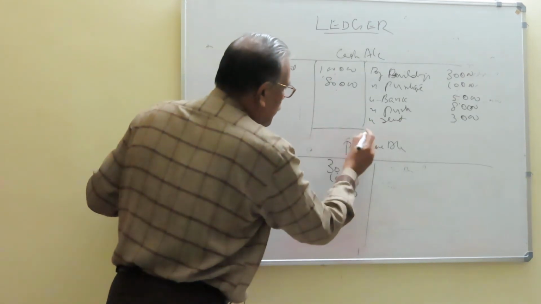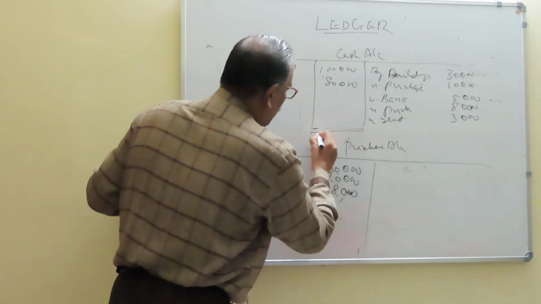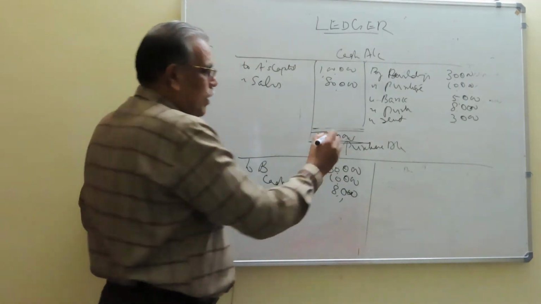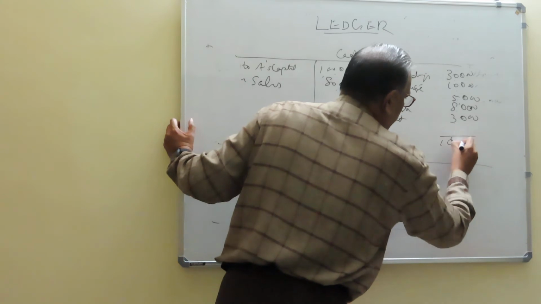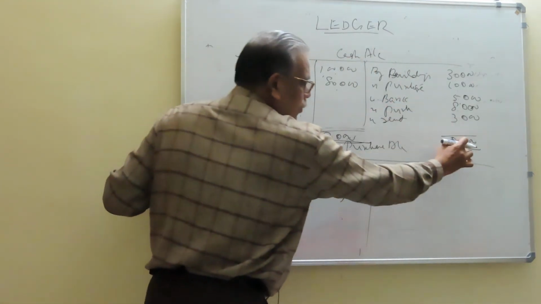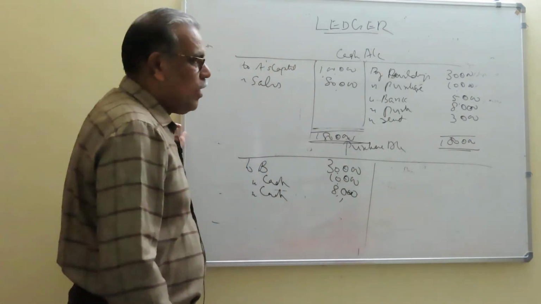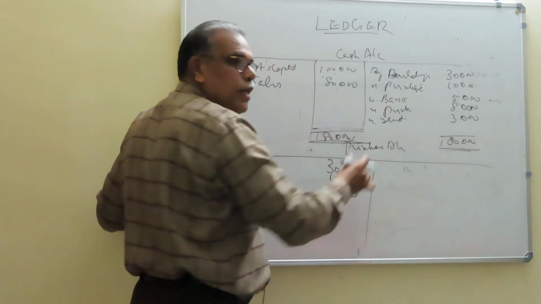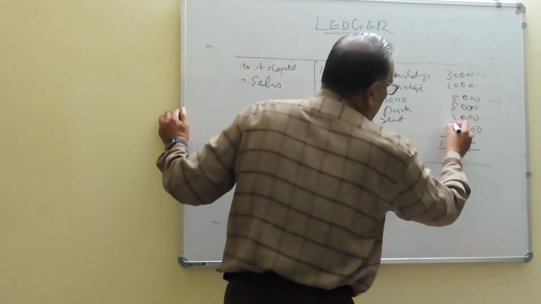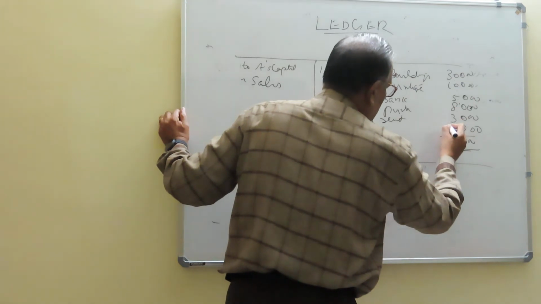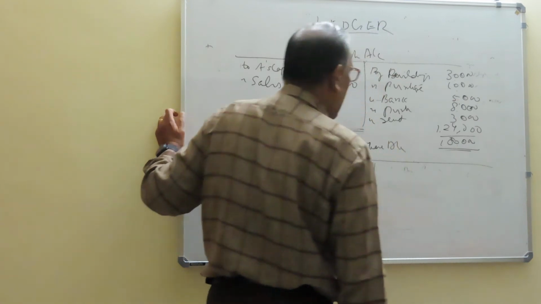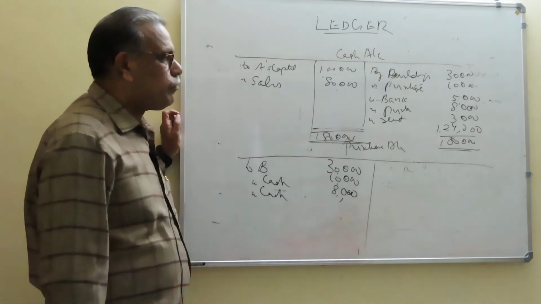So the total of the debit side is 1,80,000 rupees. The total of the heavier side is shown here also: 1,80,000. Now we will see what the difference is. The difference here is ₹1,24,000.